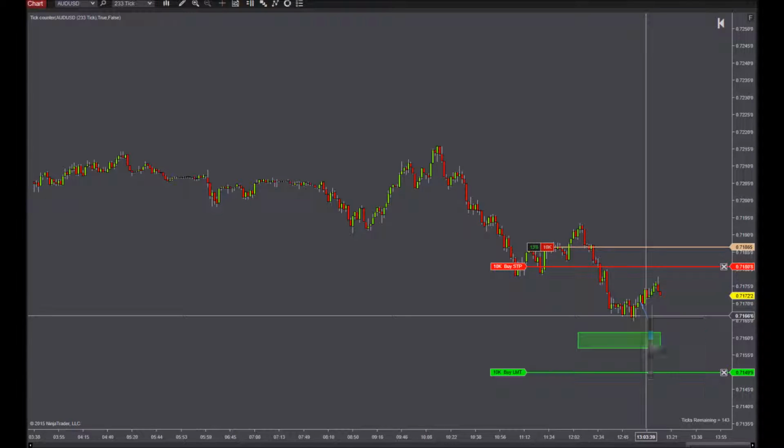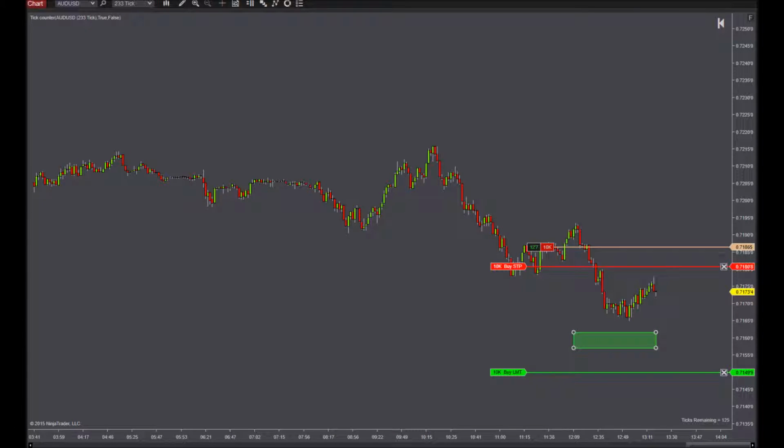What I am going to do is leave the current PRZ here and just observe price when it gets down here, if it gets down there.